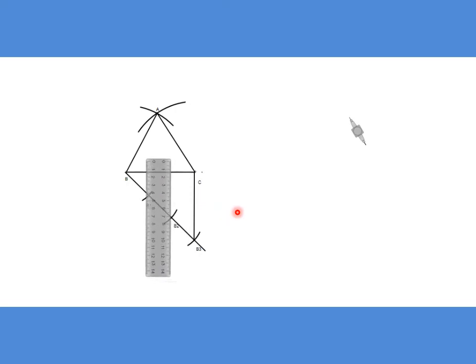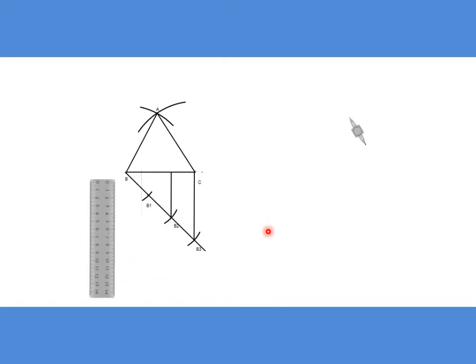Next, we draw a line parallel to this CB3 through B2. Why are we drawing from B2? Because in our fraction 2 by 3, the numerator is 2. That's why we draw a parallel line from B2, and that is parallel to B3C.